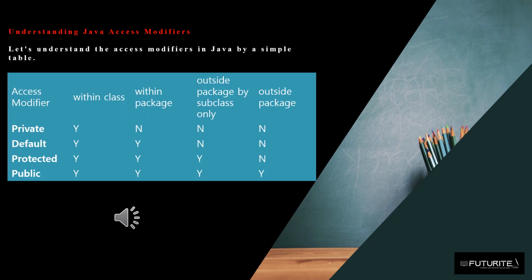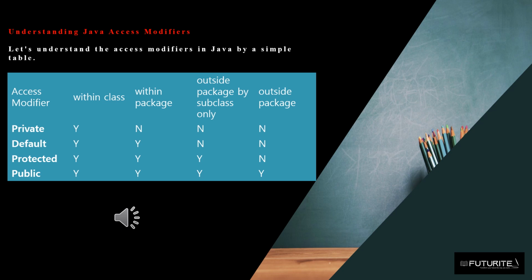Now here is a table where it is defined which access modifier has what kind of scope. For the private access modifier, the members can be accessed within the class, but not within the package, not outside the package by subclass, meaning by inheritance, and not outside the package.